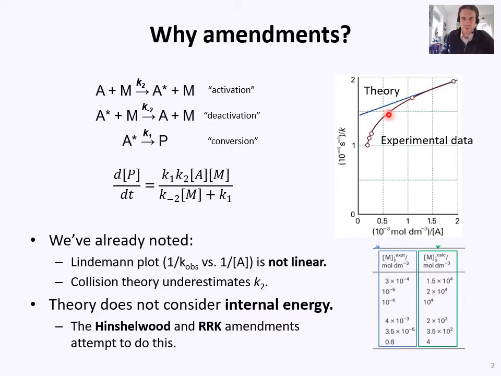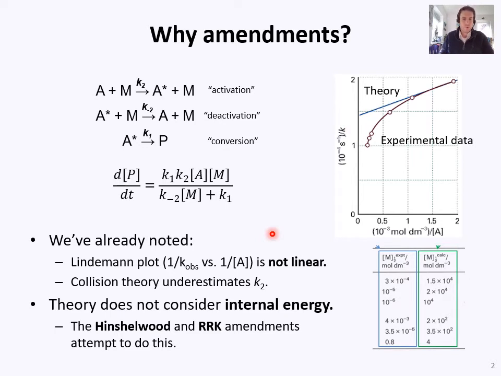You can see this deviation, particularly at higher pressures, higher concentrations, which on this graph are at lower 1 over concentration. So this is what we typically see: it matches the theory-ish at low pressures, but not at high pressures.